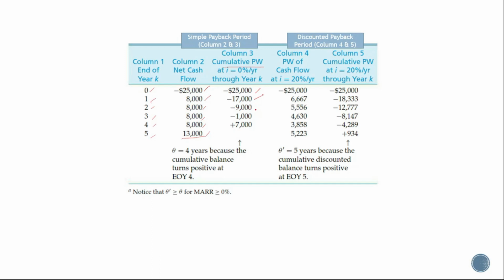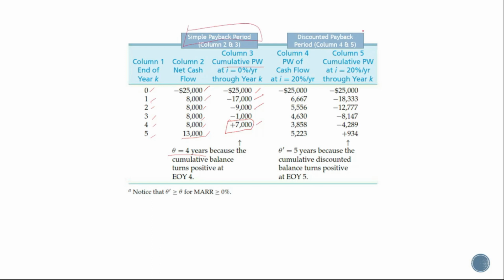And then, at the end of second year, naging negative 9,000 hanggang sa ika-4 na taon, naging positive $7,000 na siya. Meaning, sa period na to, nabawi mo na yung capital investment mo. So, the payback period is 4 years, using the simple payback period.